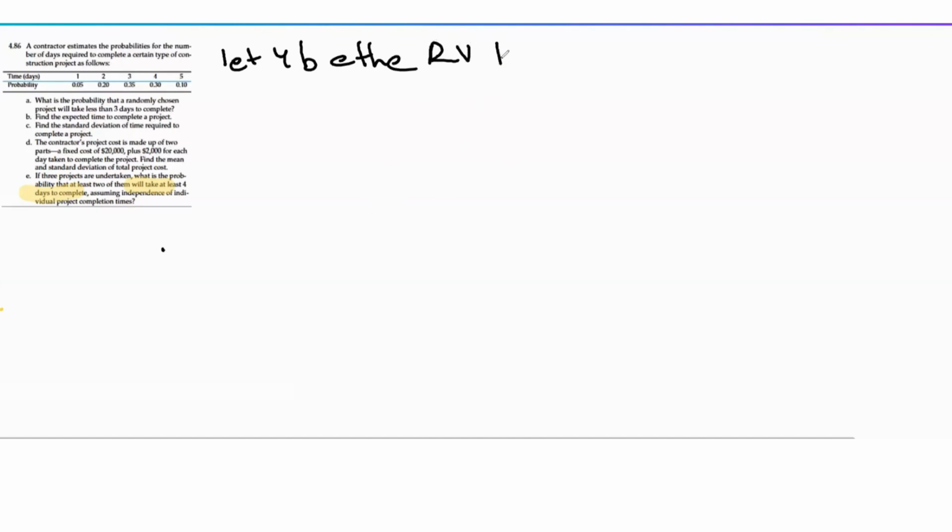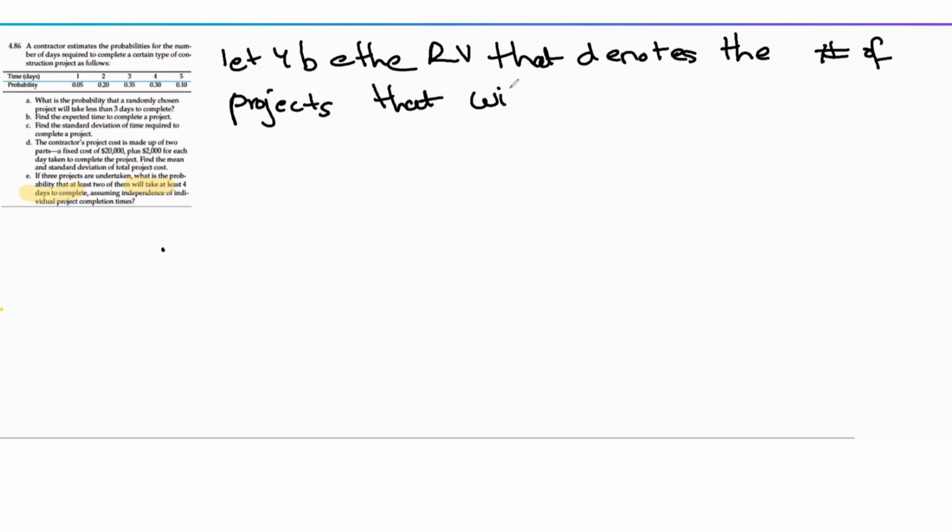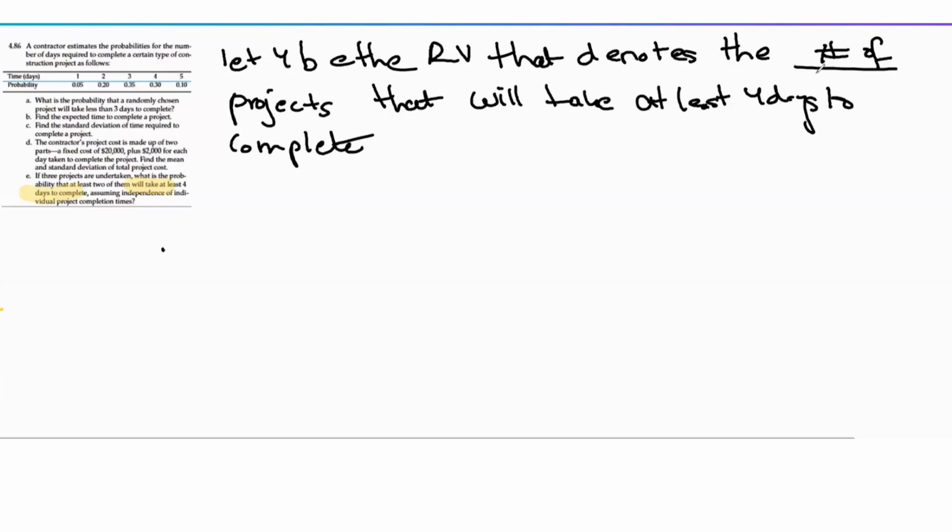Now let y be the random variable that denotes the number of projects that will take at least 4 days to complete, because over here we want the probability that at least two of them will take at least 4 days to complete.